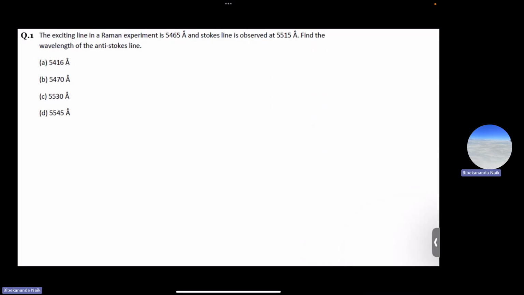So now how we will proceed with this problem. Now we know the exciting line in the Raman experiment is 5465 angstrom. Now, if there is a shift in the incident light, then we can say the Raman shift, which will be given by del mu bar, which is the shift in wave number, is wave number of incident light minus wave number of Stokes line or anti-Stokes line, whichever it may be.